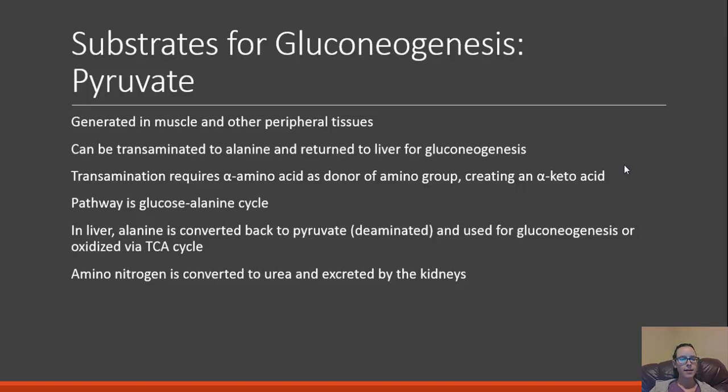So when alanine is produced via transamination, it goes back to the liver, and then it can be deaminated and converted back to pyruvate, which is then used for gluconeogenesis or oxidation via the TCA cycle. Then the amino nitrogen is converted to urea and excreted by the kidneys.